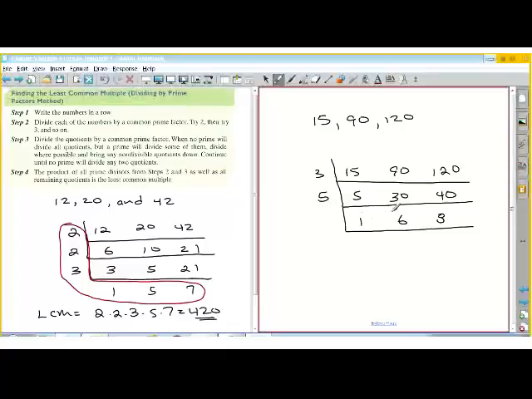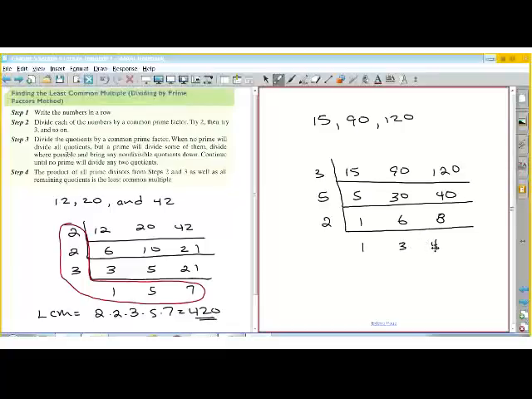So I look to see if the two remaining numbers can be divisible by a common factor. And the answer is yes, it's 2. I don't divide this by 2 because I can't, so I'm going to bring this one down. And 6 divided by 2 is 3, and 8 divided by 2 is 4.